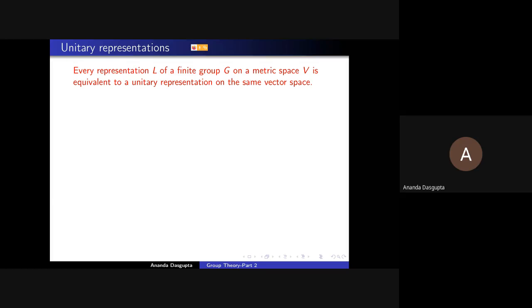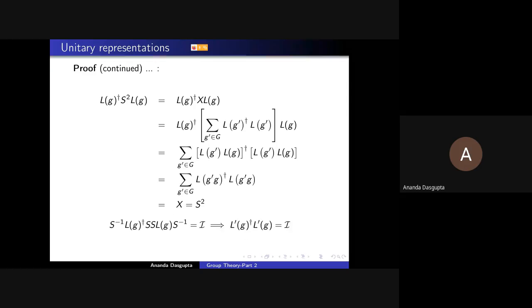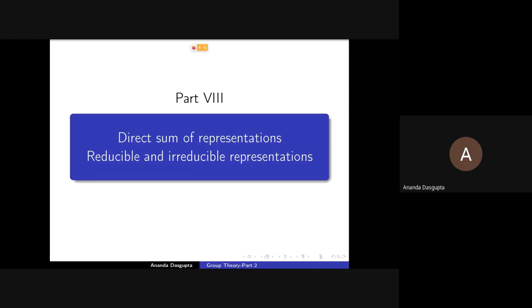And since we don't count equivalent representations as different representations, we will simply use the unitary representation as and when needed. The proof here is straightforward, but I'm not going to go into it right now. I think I will call it a day here as far as this part of the lecture is concerned. I still didn't finish all of what I wanted to say.